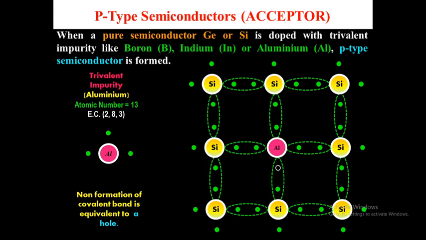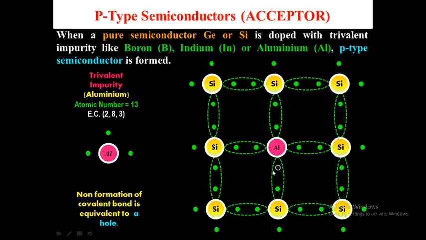When the electron from a neighboring silicon comes towards this aluminium and fills this hole, aluminium gets an extra electron, but aluminum has three valence electrons. With the extra electron, this aluminum is converted into an aluminum ion and gets a negative charge.